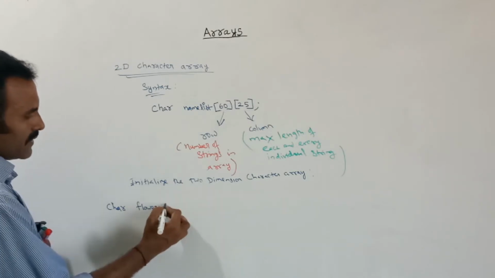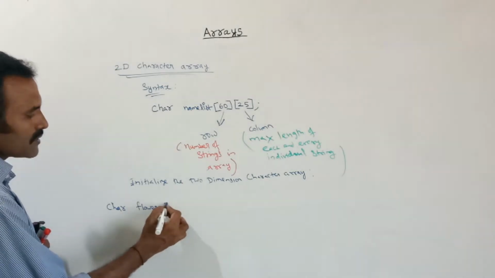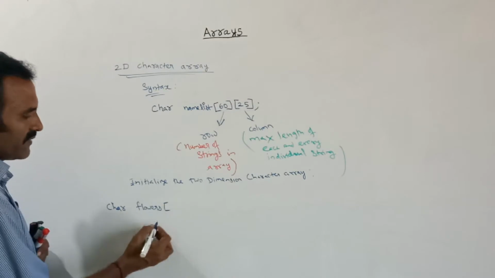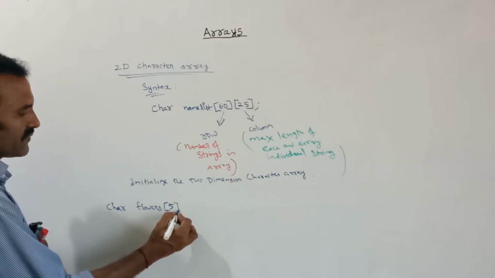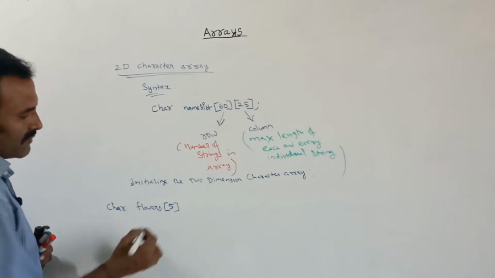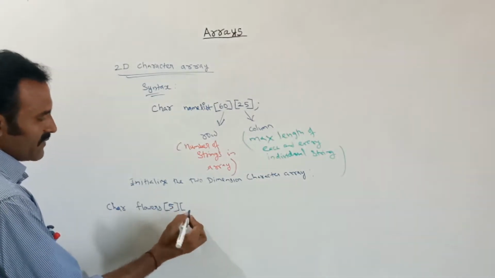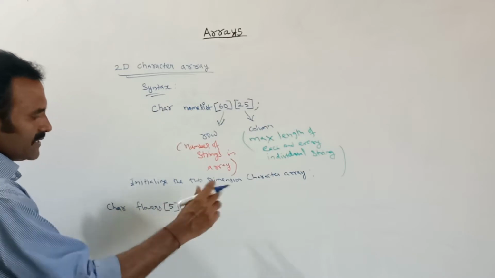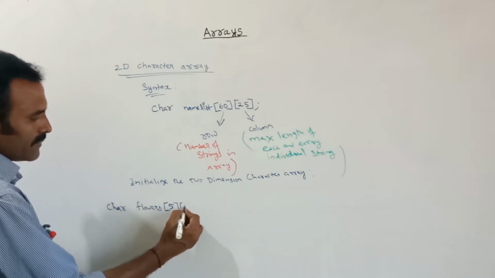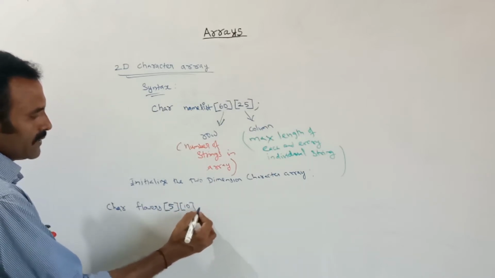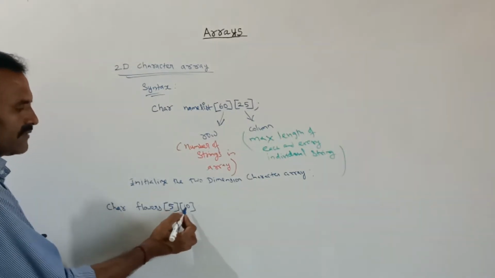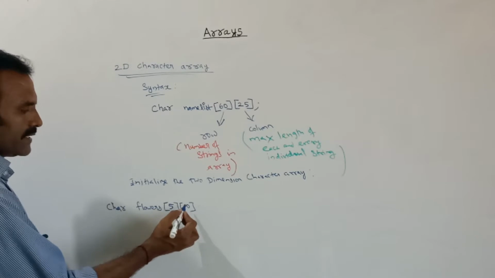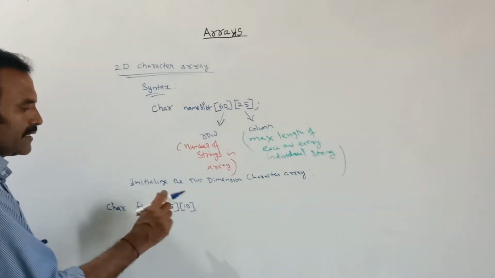Suppose I want to store 5 flower names, I can specify the first dimension, that is 5 flowers. Each flower, that is the length of the string, I am telling: maximum 10. That means totally I can store up to 5 flowers, and each flower's maximum length is 10, that means 10 letters can be stored.